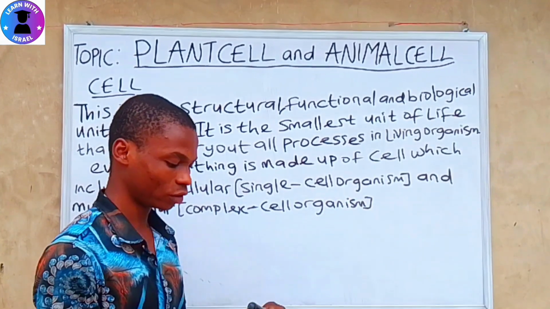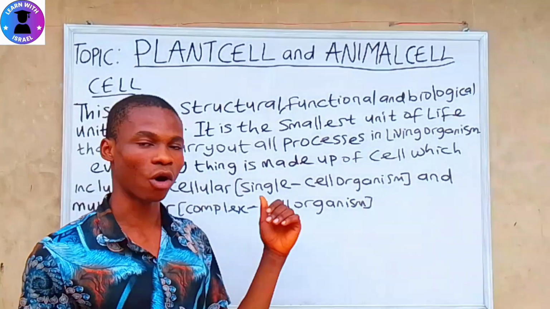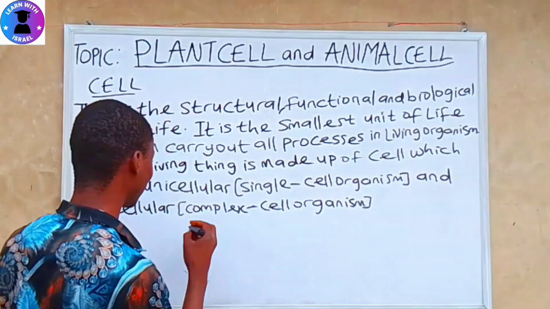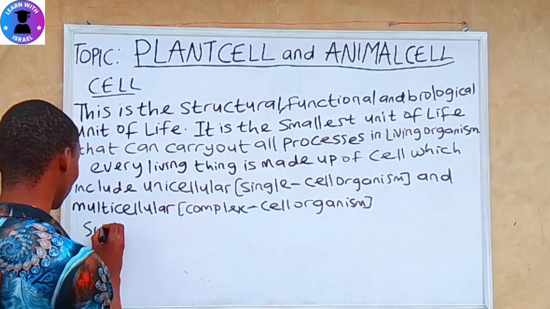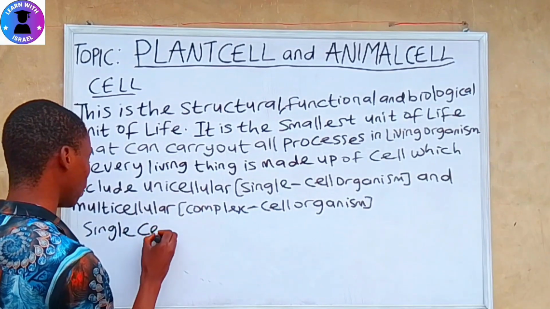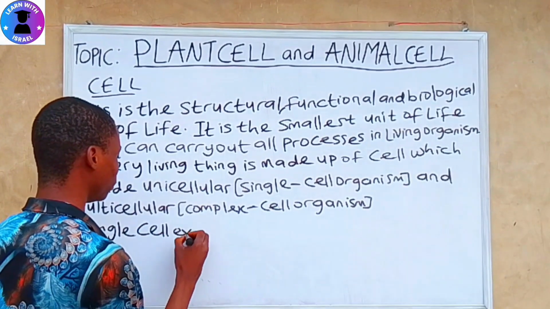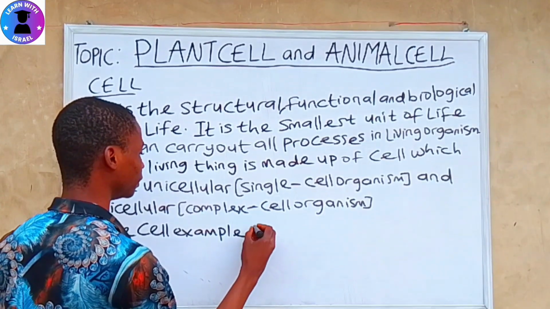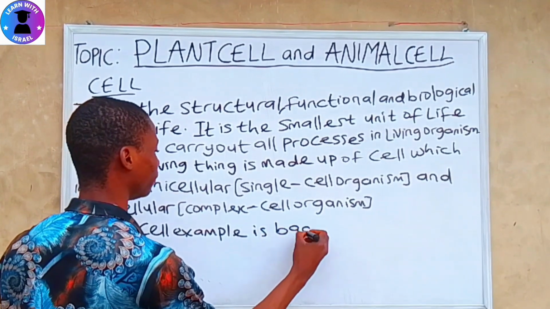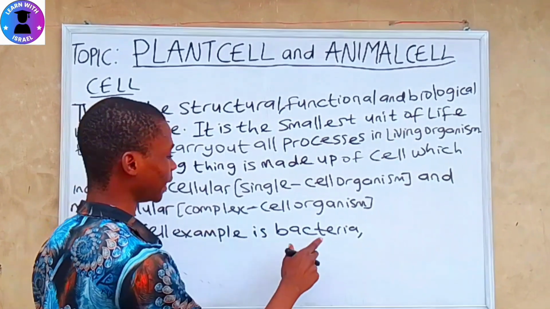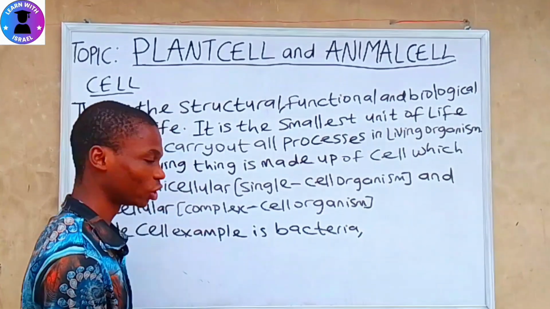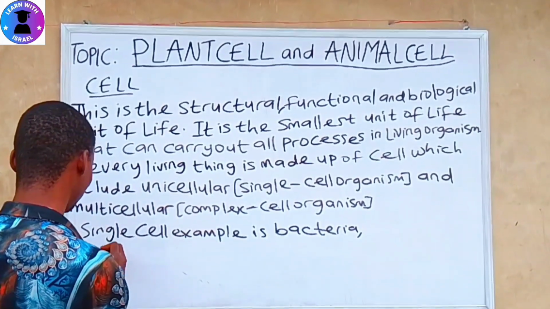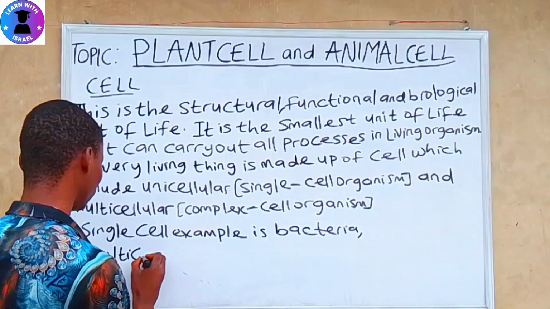An example of unicellular organism or single cell organism is bacteria. So single cell example is bacteria, and we also have multicellular example.